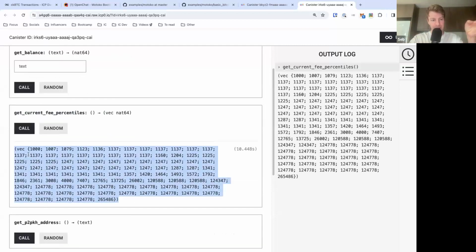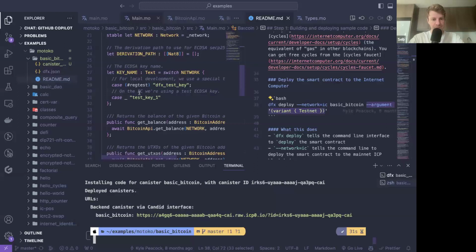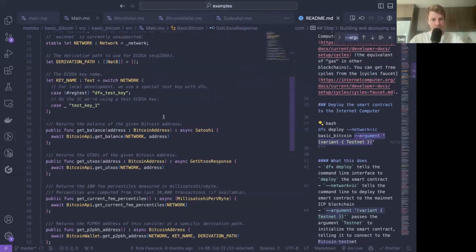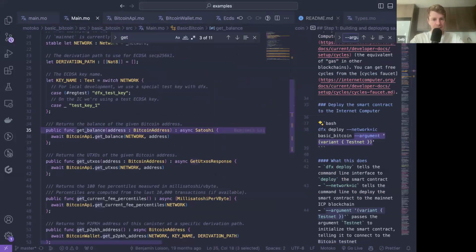So I'm not sure exactly how I should use this, but I guess it's the fee. So we are calling this method: get current fee percentiles returns the 100 fee percentiles measured in millisatoshi per byte. Percentiles are computed from the last 10,000 transactions.